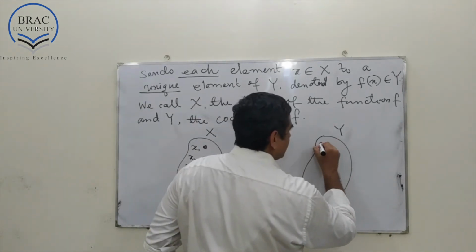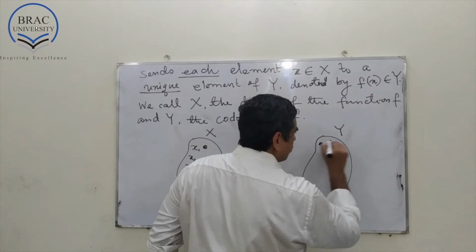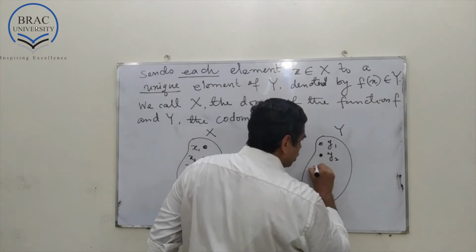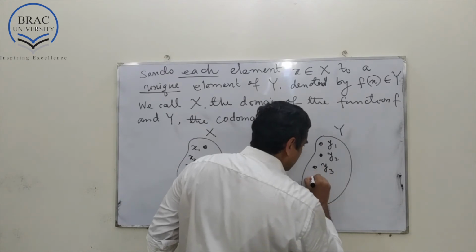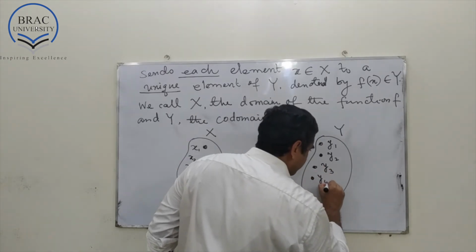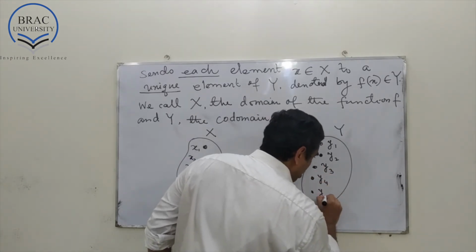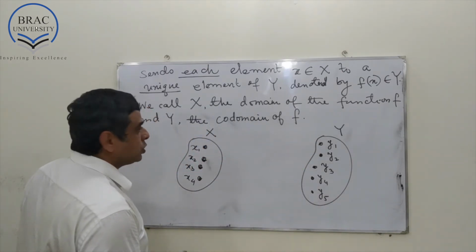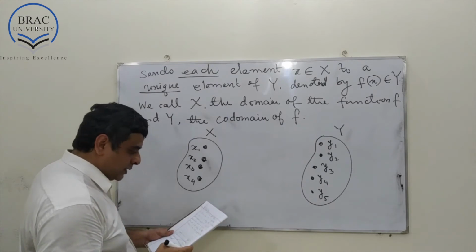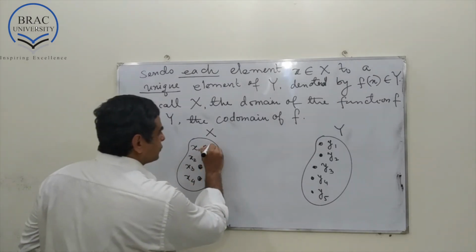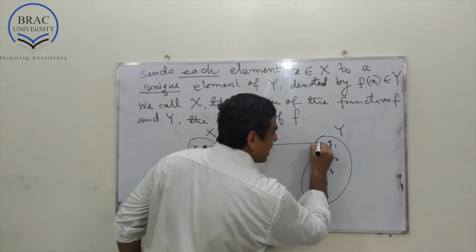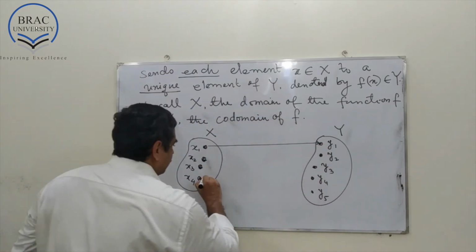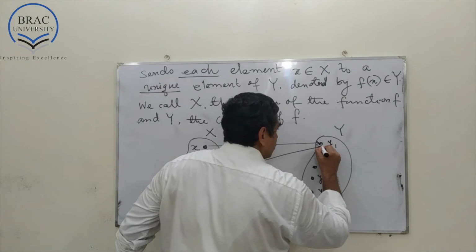I have 5 elements in Y: y1, y2, y3, y4, and y5. Let us make the assignment as follows. x1 is mapped to y1. x4 is also mapped to y1.